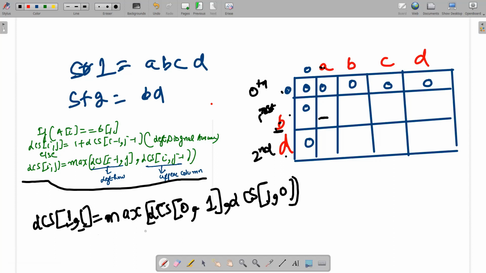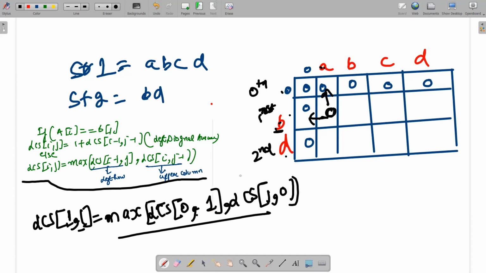So I have to check either this answer or this answer. This is only if there is no match, right? So the maximum of 0 comma 0, the answer would be 0.